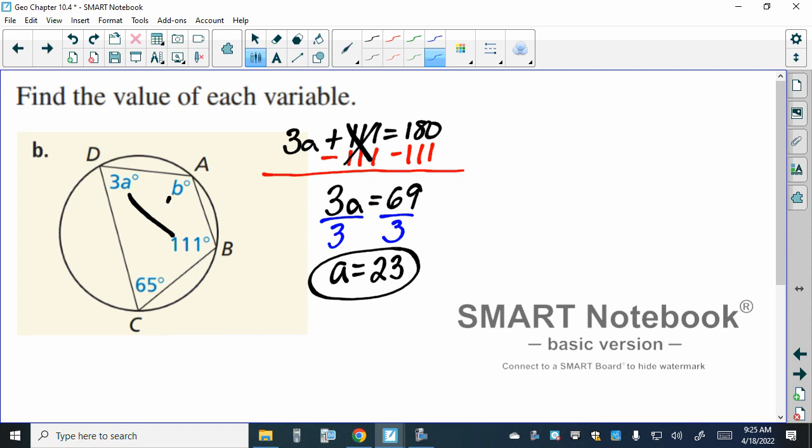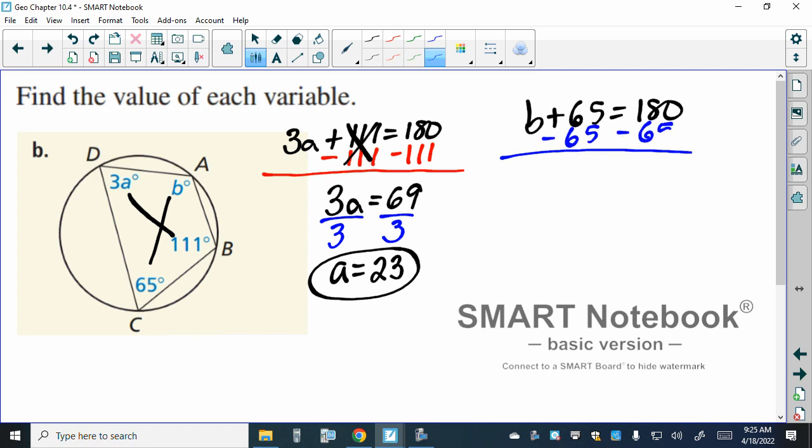Yeah, so for B, B plus 65 is equal to 180. And at this point here, we can subtract 65 from both sides, telling us B is equal to 115. And that's it.